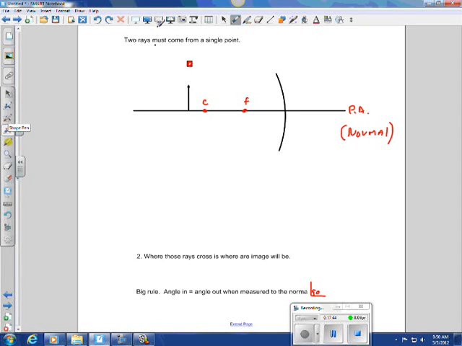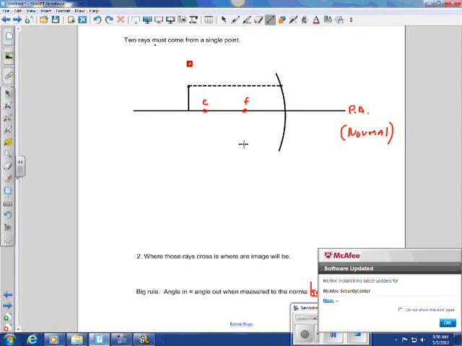Let's draw a light ray coming in. All right, I'm going to draw this light ray coming straight in parallel to the principal axis. Now, I'm doing this for a reason.